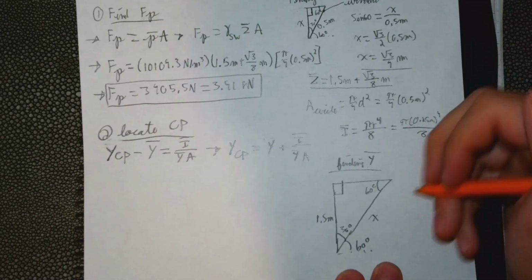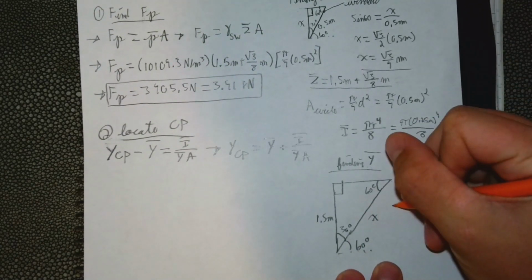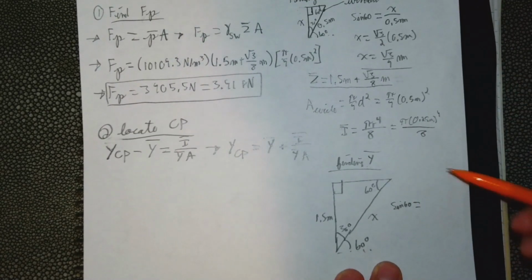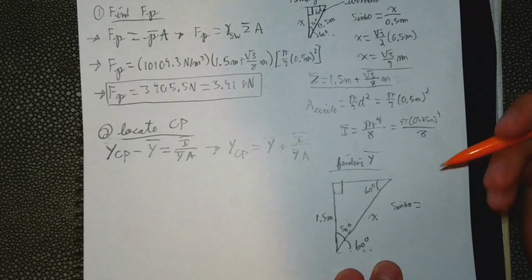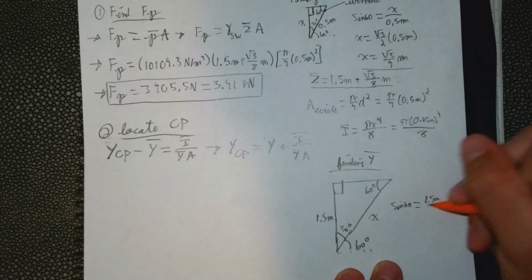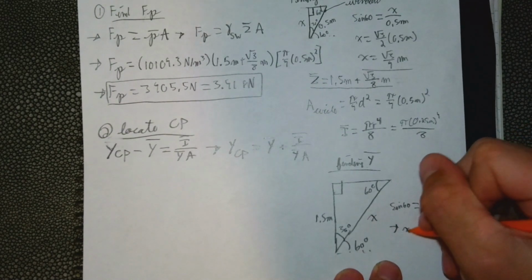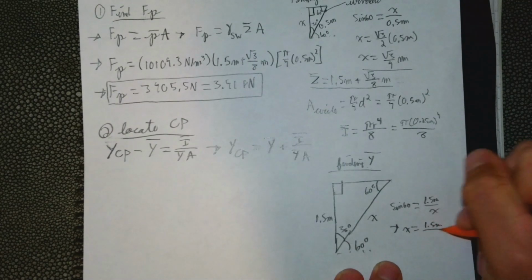So we can use sine of 60 again. Sine of 60 degrees equals opposite over hypotenuse, so 1.5 meters over x. Rearrange that. We'll say that x equals 1.5 meters over sine 60.